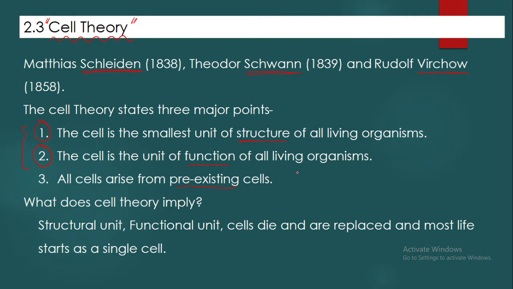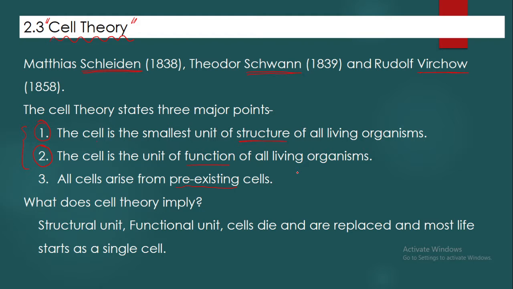So can we say that this cell has come by magic? No, sir. What Rudolf Virchow has told is that every cell would have come from a pre-existing cell, maybe by multiplying. Yes. This is the only statement he has given, that all cells arise from pre-existing cells.